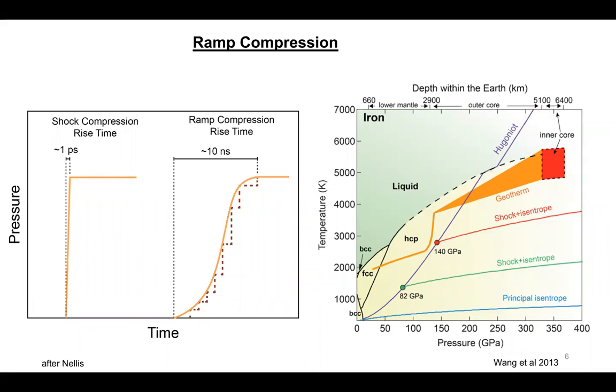So you get a component of heating initially due to the shock compression, and then you isentropically compress to higher pressure. That enables you to access a wide range of PT states in between the principal isentrope and the Hugoniot, and that's a real advantage of the technique.